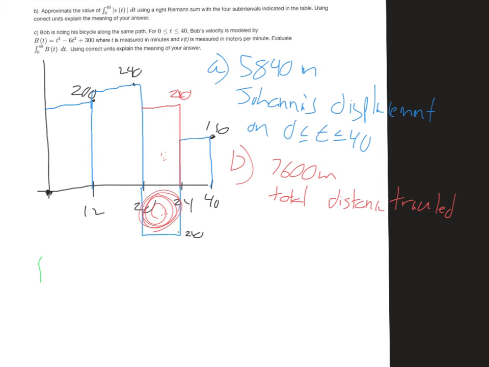The definite integral from 0 to 40 of t cubed minus 6t squared plus 300 dt equals 1/4 t to the 4th minus 2t cubed plus 300t from 0 to 40.